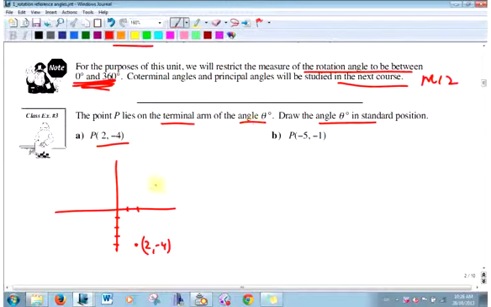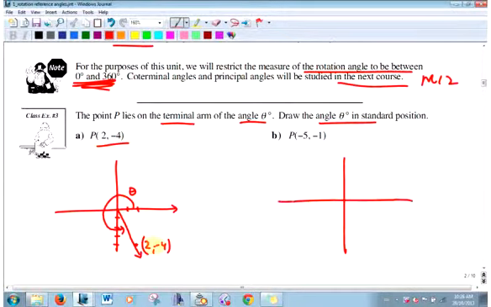Lies on the terminal arm. Well, it starts here, always positive x. And then if it's on that arm, it must look like that. There it is. Okay, don't overthink it. And it says angle theta, so let's call it angle theta.